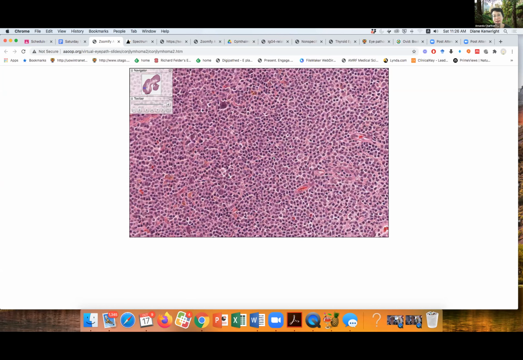And remember, Diane showed you in her PowerPoint presentation at the last session pictures of what happens when there's a high turnover rate. We have macrophages that gobble up dead and dying apoptotic cells. So high mitoses and high apoptosis indicate a high proliferative index, which we'd find in a high-grade lymphoma, such as a diffuse large B cell lymphoma.